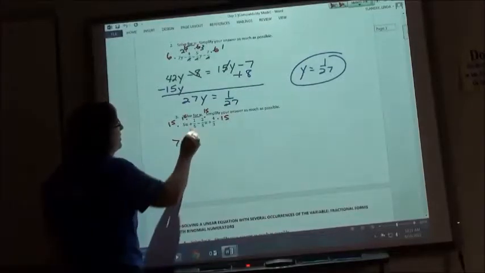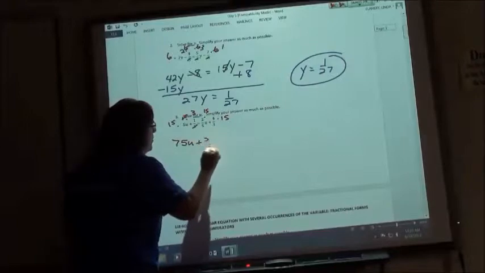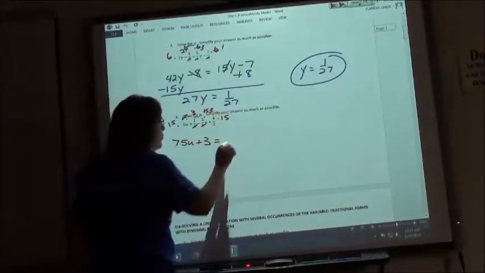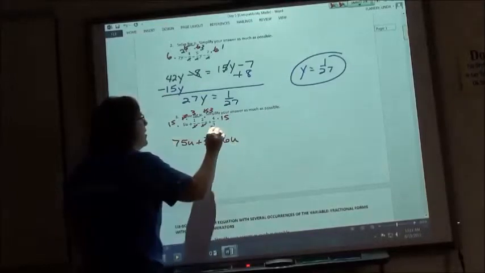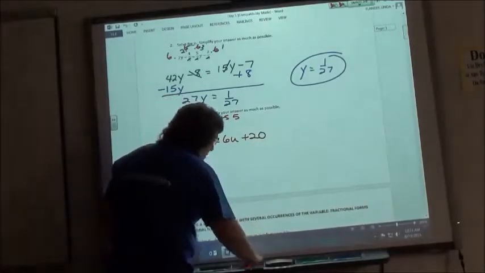And then canceling. 5 goes into 15 3 times my 1 would be 3. 5 goes into 15 3 times my 2u would be 6u. 3 goes into 15 5 times 4, going to give me 20.